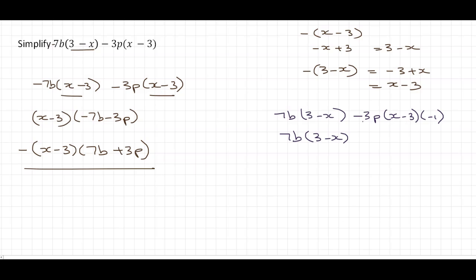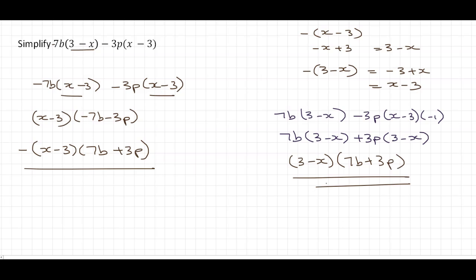This negative 1 is going to apply to negative 3p, so that's going to be plus 3p, and then we have 3 minus x. So 3 minus x is our greatest common factor, and the other factors are 7b and 3p.